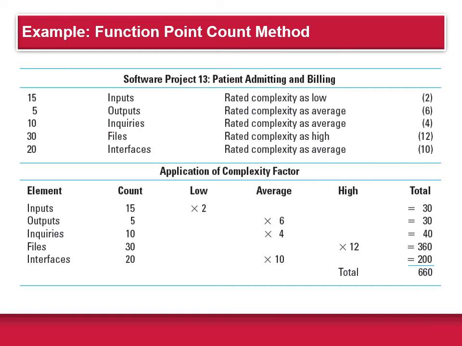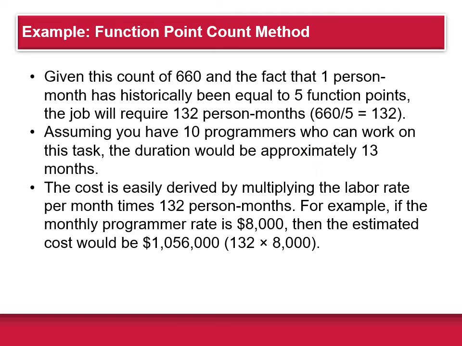Well, let's look at the next slide here that I made. Given this count of 660 function points, as it's called, let's say that one person month has historically been equal to 5 function points. In other words, one person working for a full month could do 5 of these function points. So if you have 660 function points and divide that by 5, you get 132 person months to do this project.